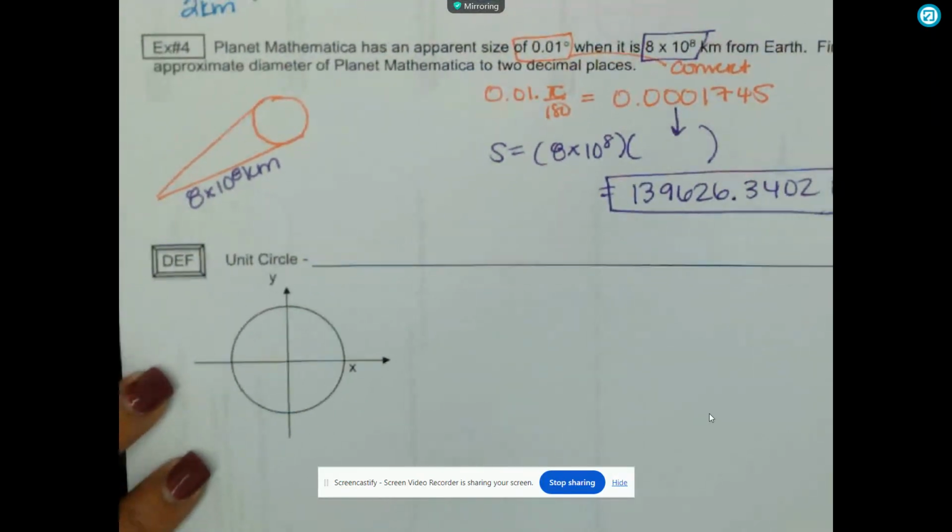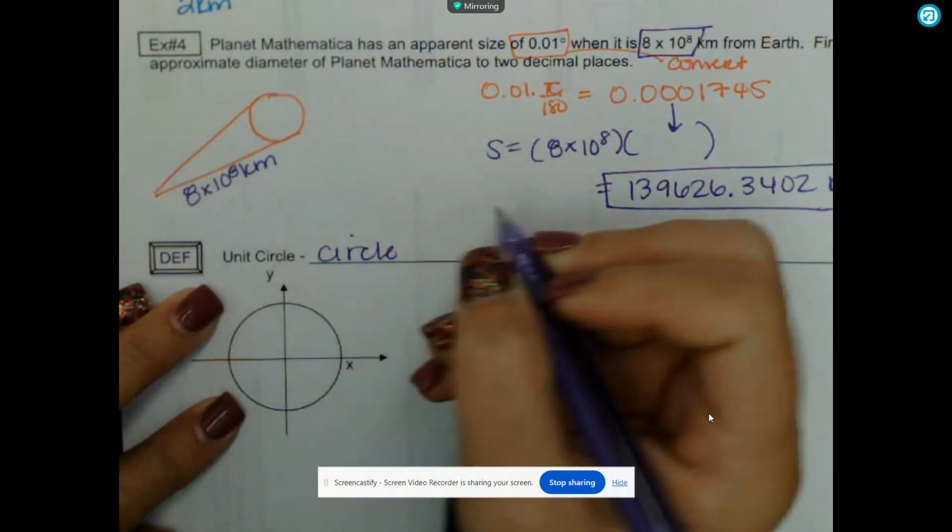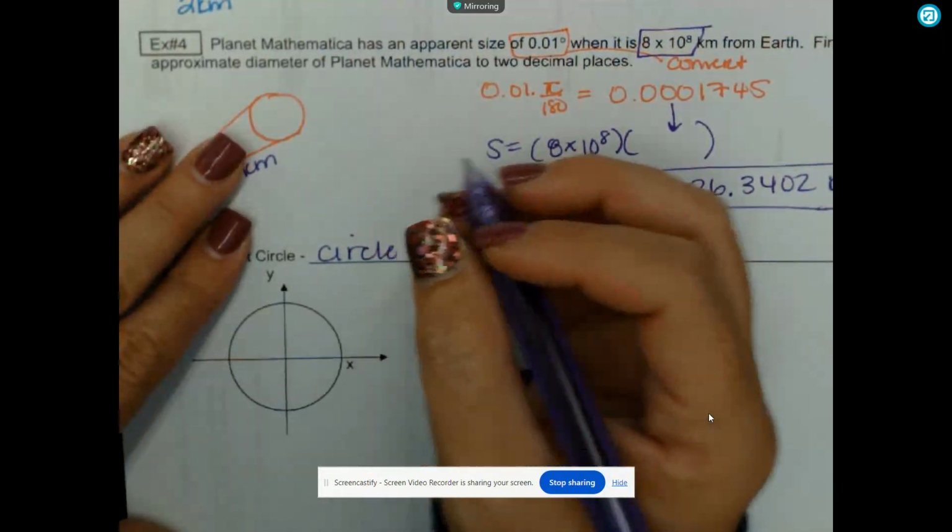All right, so yesterday we started talking about the unit circle. So remember, the unit circle is a circle with a radius of 1 and a center at the origin.